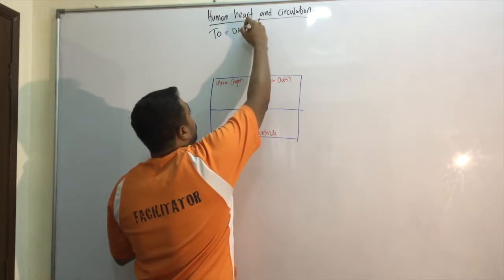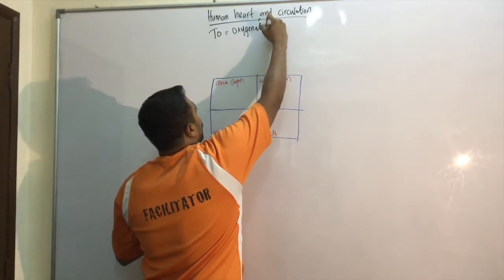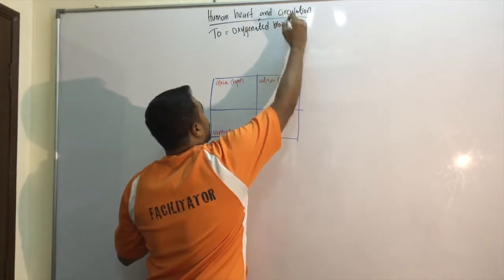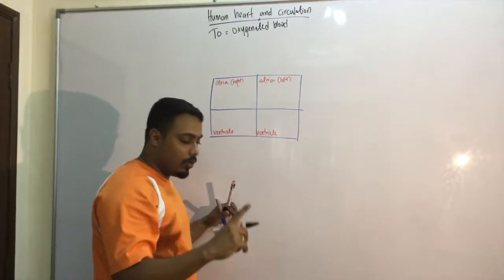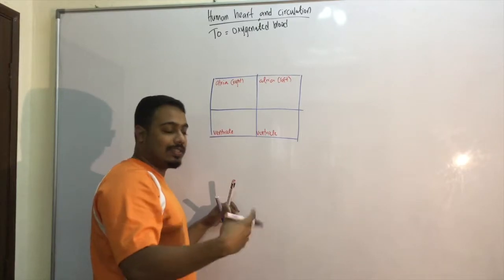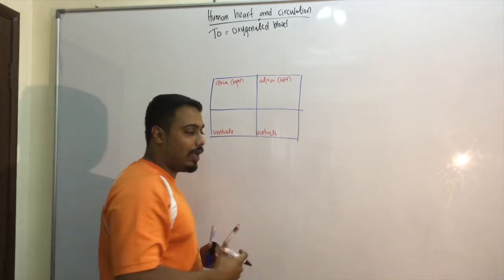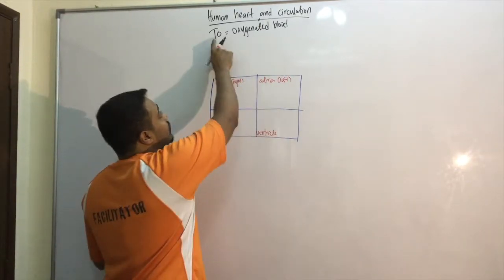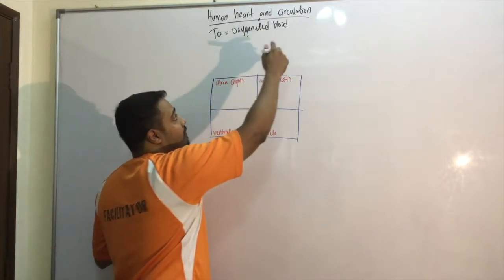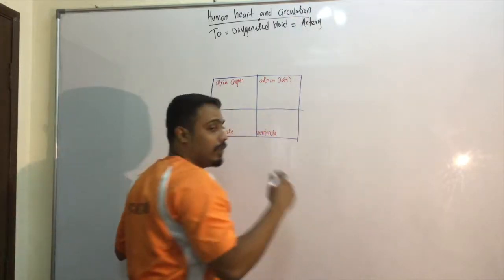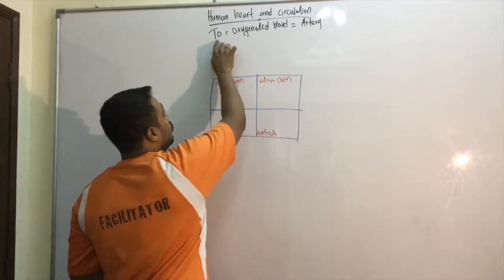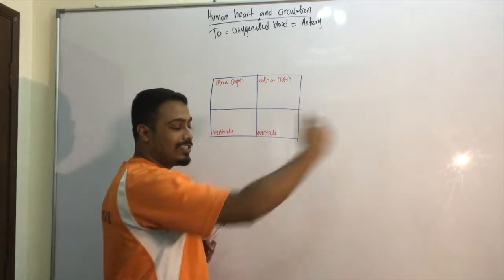Now all your organs would use oxygenated blood to carry out their functions, with the exception of one organ, and that would be the lungs. Lungs do the opposite. They take in deoxygenated blood and oxygenate it. Now "to", which means oxygenated blood, obviously the word artery should come to your mind. So when I say "to", that's artery, towards the organ.